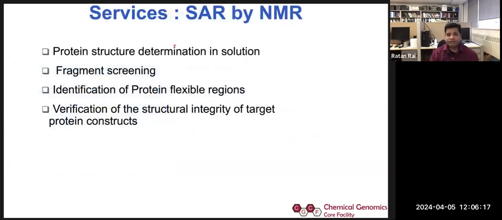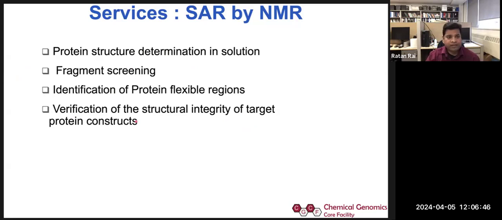As a part of the services, these are the several services we provide in our core as a part of structure-activity relationship. We provide protein structure determination in solution. We also help you with setting up fragment screening, and we are also going to identify the flexible regions of a protein, and we also do verification of structural integrity of targets and protein constructs.